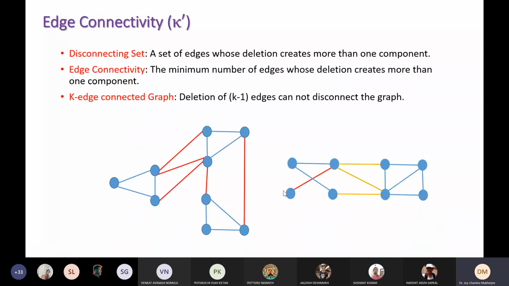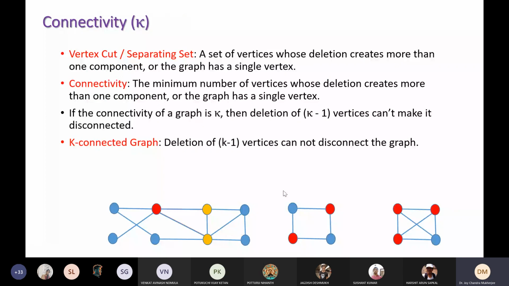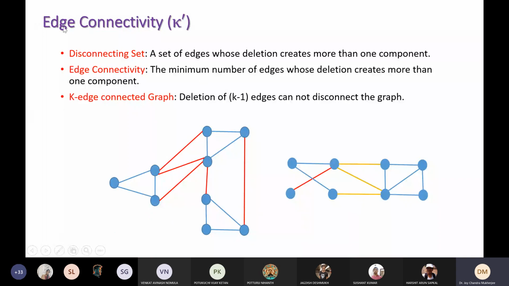Now, the equivalent connectivity, which was totally defined based on vertex, is edge connectivity. So edge से कुछ भी term होगा तो prime आ जाता है. So it is kappa prime. So ये notations are very important. जैसे हम लोगों ने अल्फा, बीटा, अल्फा प्राइम, बीटा प्राइम ये सब चीज पढ़े थे.